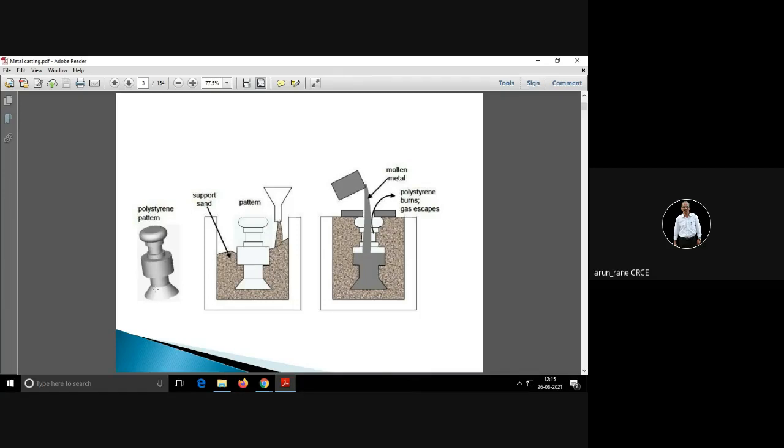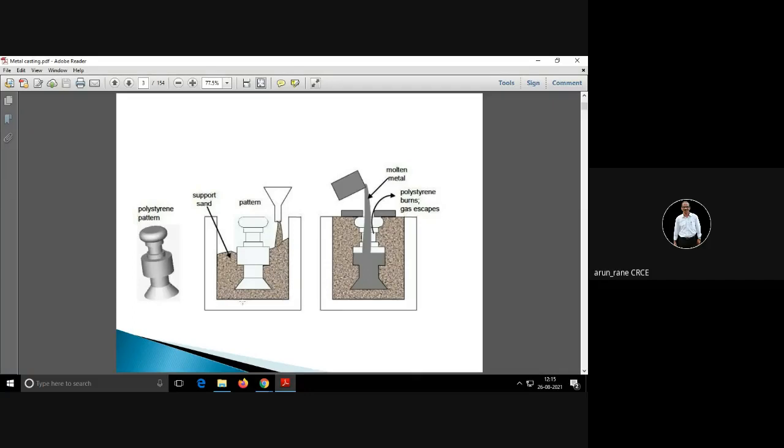So what I was telling you, the pattern will look exactly the same as your product. Now this is how to make a mold. For making a mold, you remember you should have a pattern first. Now I am taking a box like this in which I am keeping this pattern, and surrounding this pattern, sand is poured.